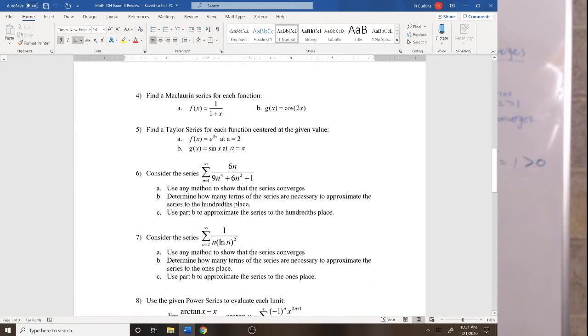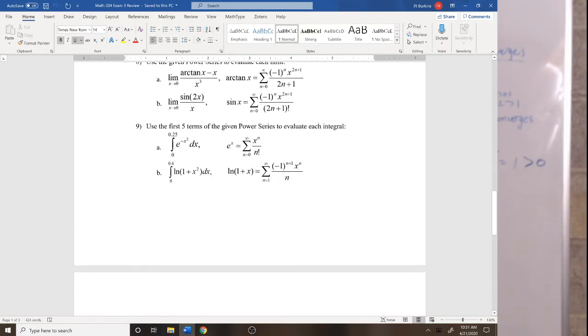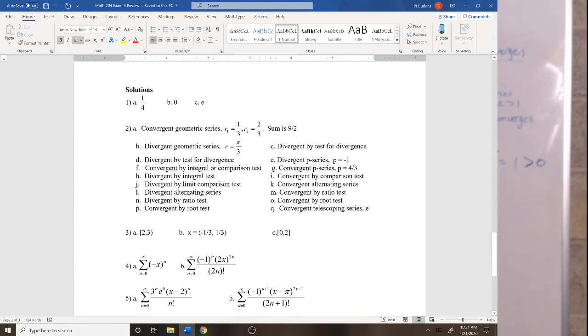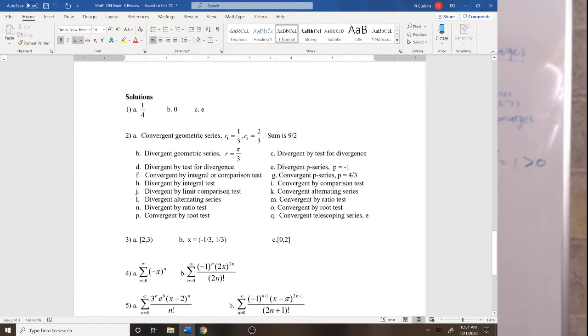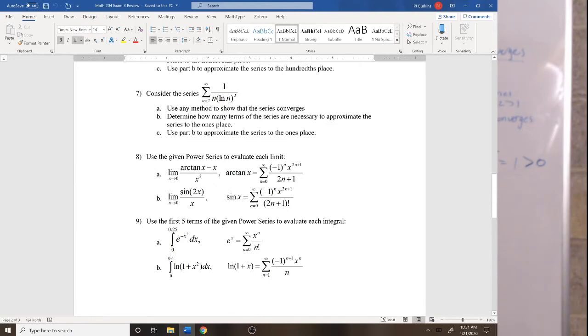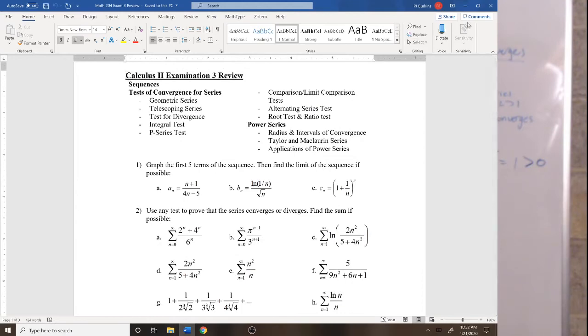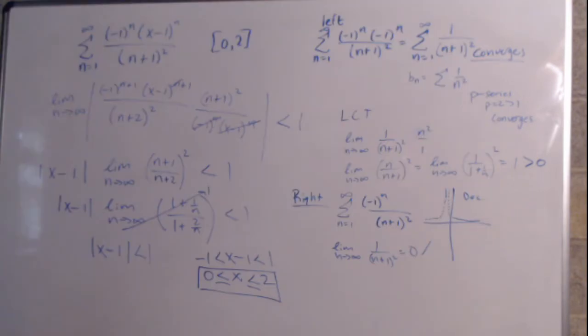All right. So after that exercise, are there any other problems you would like me to do? So here's those right here. It tells you the divergent by test of divergence, that sort of thing. 2g.